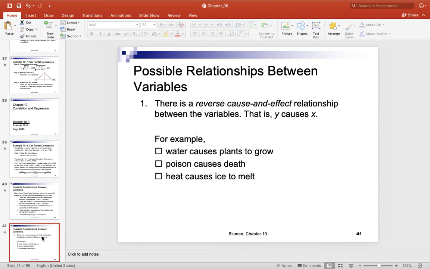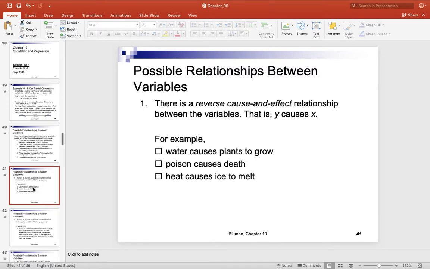All right, let's see the examples. What is the meaning of reverse cause and effect? For example, water causes plants to grow. Which one is Y? Which one is X? The second one is poison causes death. Heat causes ice to melt.